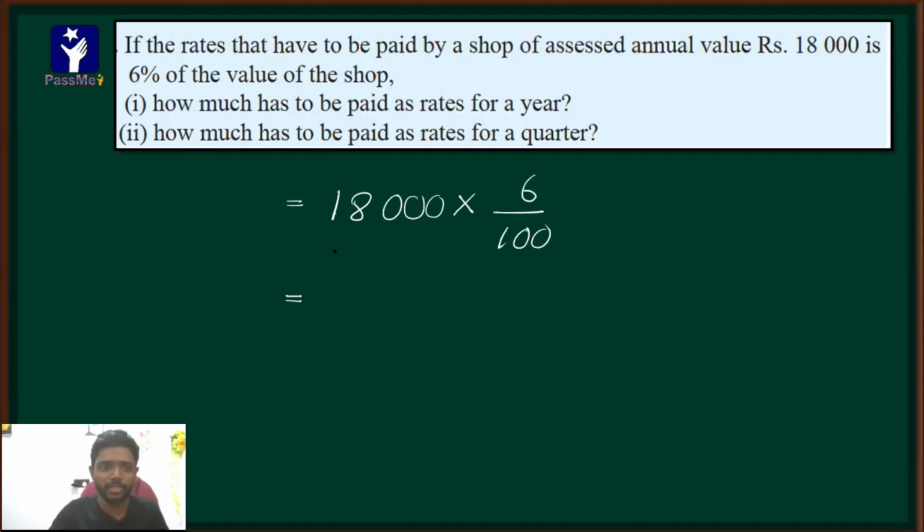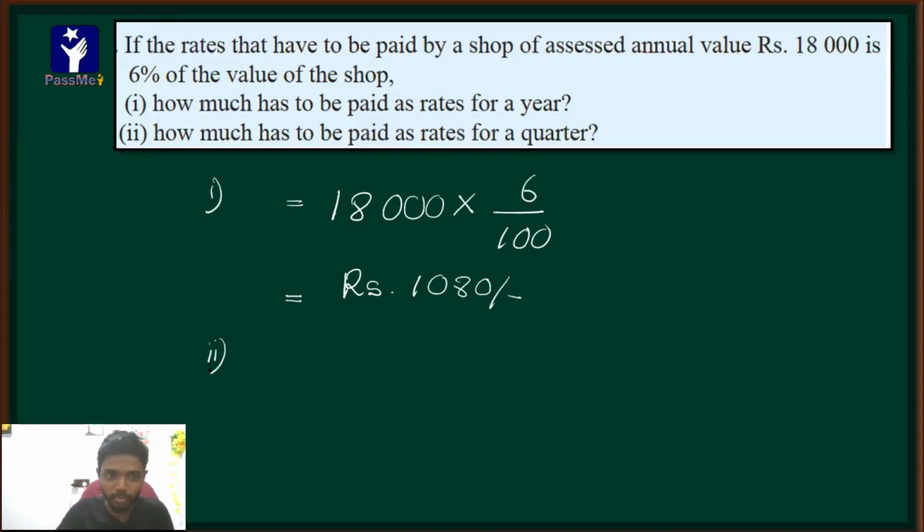Okay, I got the values. So when you calculate this value, we get 1,080 rupees as an annual rate, isn't it? This is part 1.